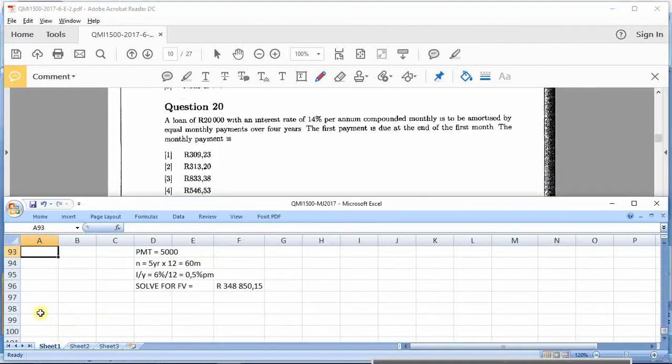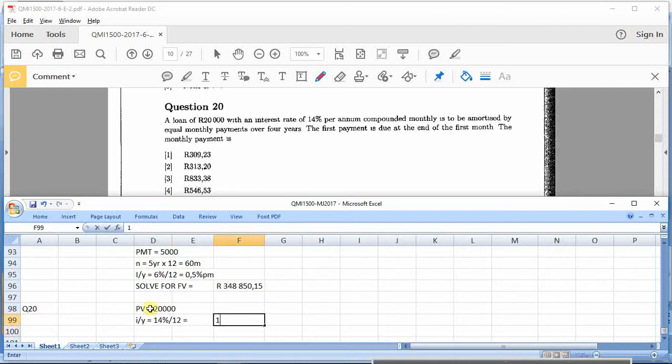Question 20. A loan of 20,000 with an interest rate of 14%. So the loan is your PV because that will be paid off. Interest rate compounded monthly, so I over Y is 14% divided by 12.